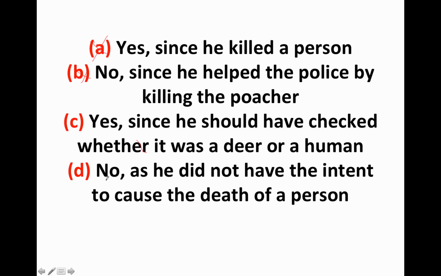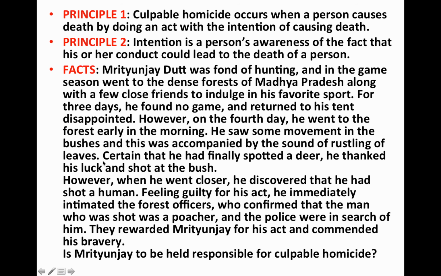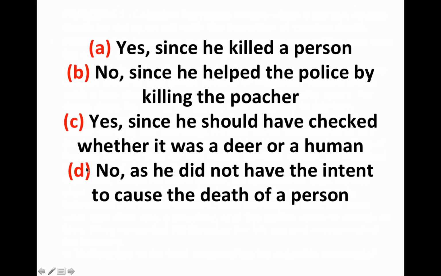Okay, so option D, which says that no, as he did not have the intent to cause the death of a person, so he should not be held responsible for the homicide. See, this is correct. You can see that he did not have the intent to cause the death of a human. He wanted to kill a deer, he wanted to kill an animal. So it was a mistake which happened by him.